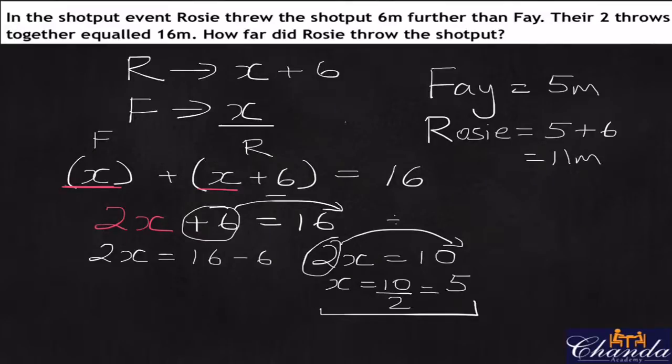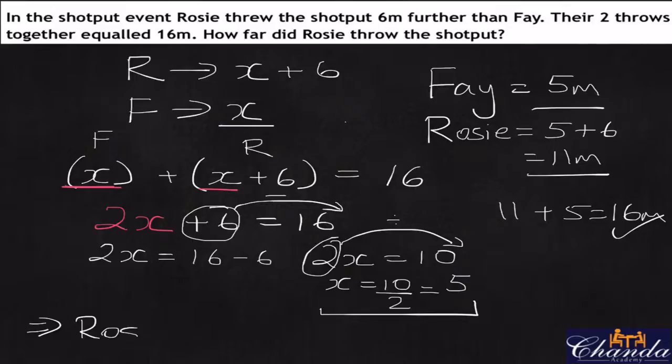So 11 plus 5, as we know, does in fact equal 16 meters. So we did in fact get the right answer. So to finish off this question, it would be, therefore, Rosie threw the shot put 11 meters.